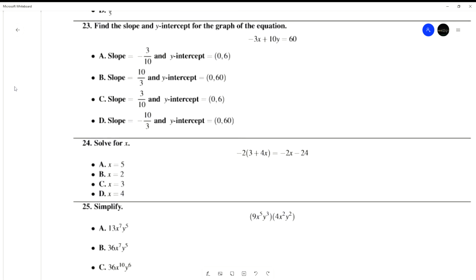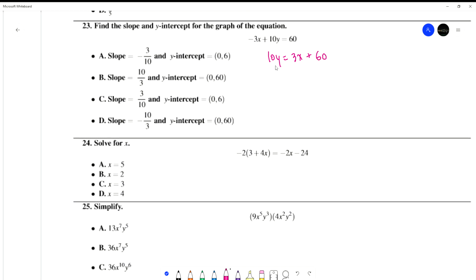All right, so this next one, we just have to convert it into slope-intercept form. That means solve for y. So we have to add 3x to both sides. We have 10y is equal to 3x plus 60.